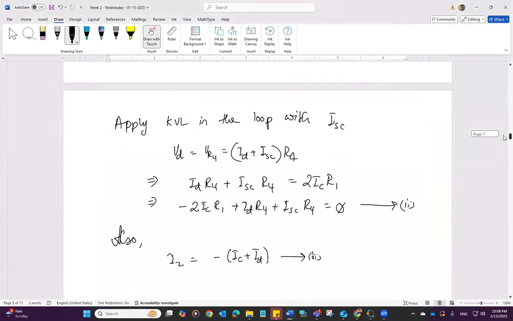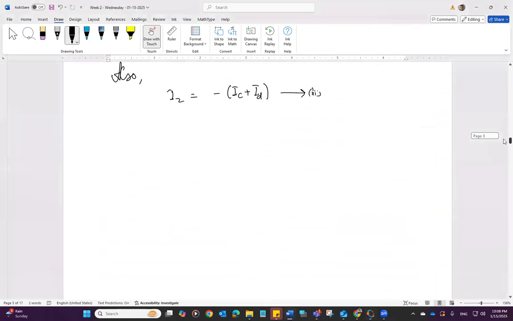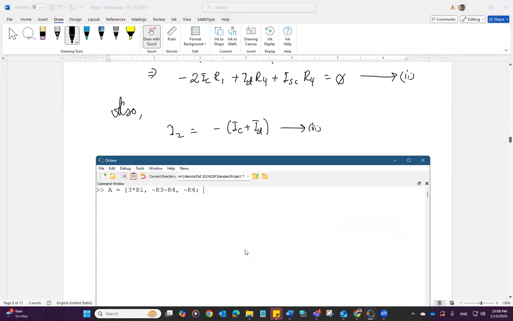And my second equation is negative 2 times R1, and I have R4, and I have R4 again. And my third equation is negative IC, -1, -1, and then no short circuit current, so 0.